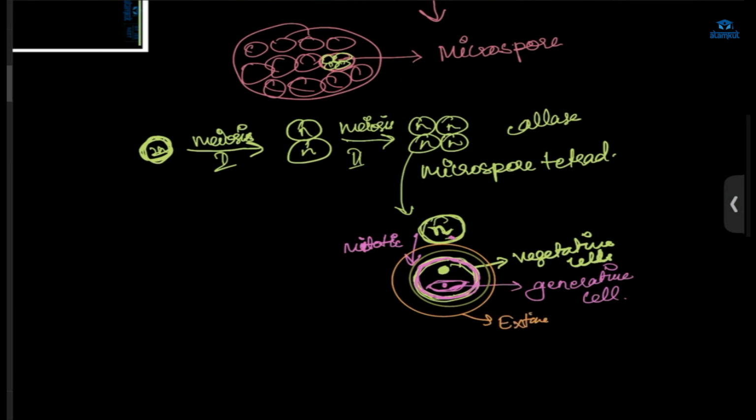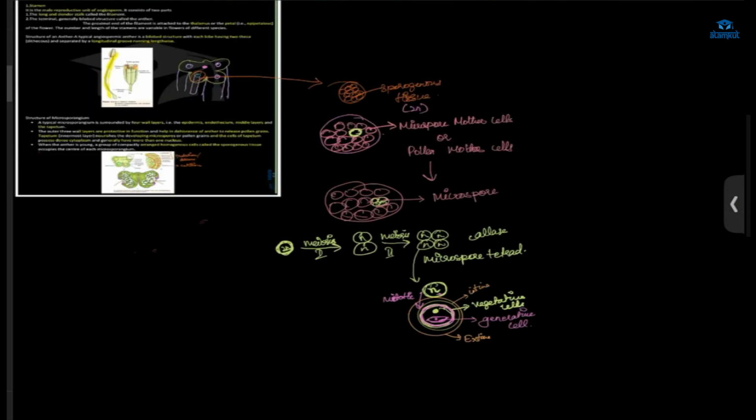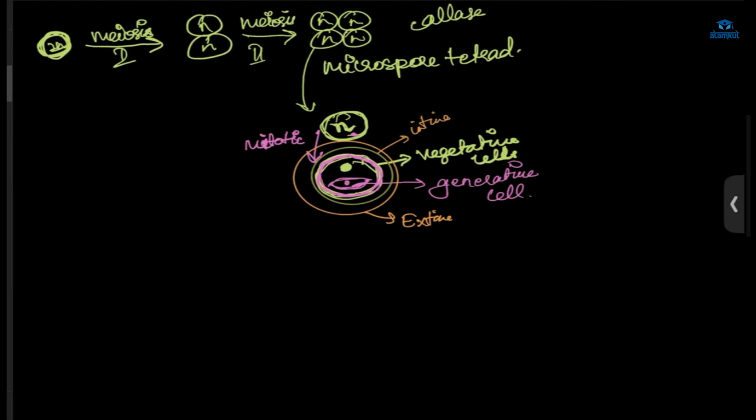Exine, let's see this one. It is made up of which layer? Sporopollenin. And this sporopollenin, what is that? It's an organic material.